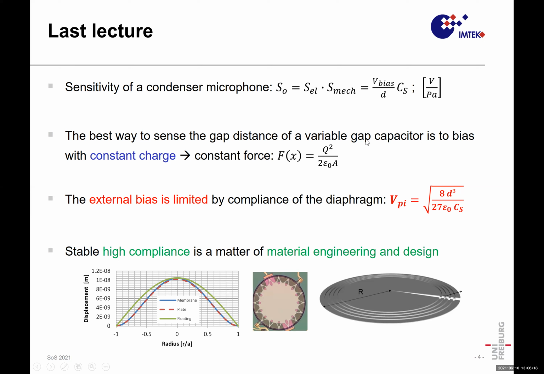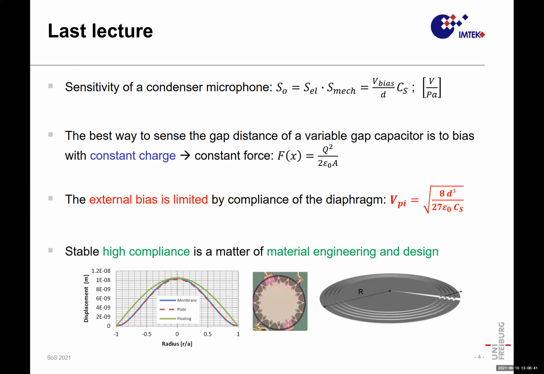And we see there's the compliance of the diaphragm, or the spring constant, and the gap is of course very sensitive for this reason. Finally, we learned that when you achieve the pull-in voltage, you have consumed somehow 1/3 of the gap in terms of displacement of your diaphragm.